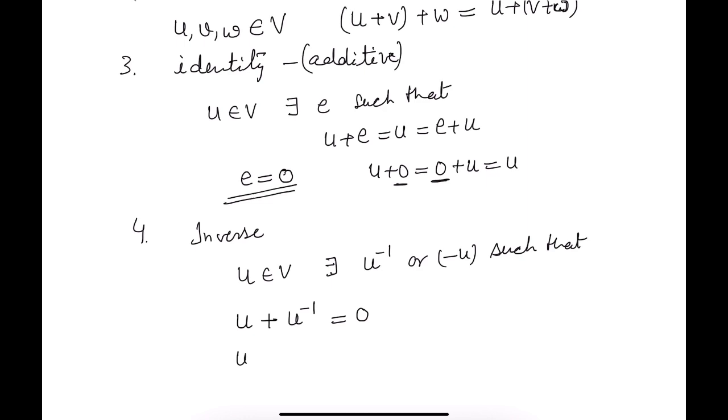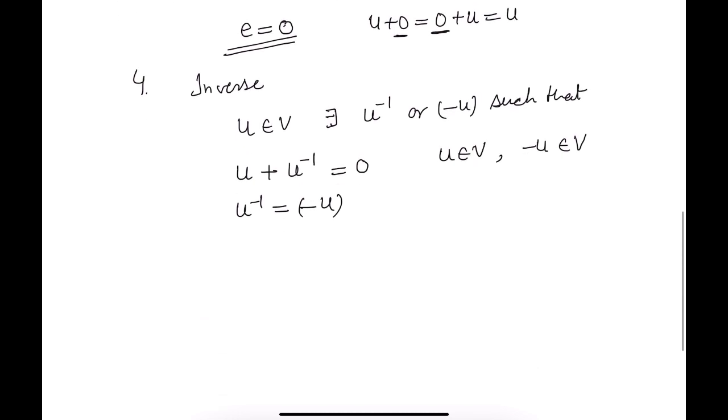Obviously, when you solve, you find u inverse is minus u. So whenever u is in v, then minus u always belongs to v. So every element in v has an additive inverse. Minus u belongs to v. So there always exists an inverse in v.